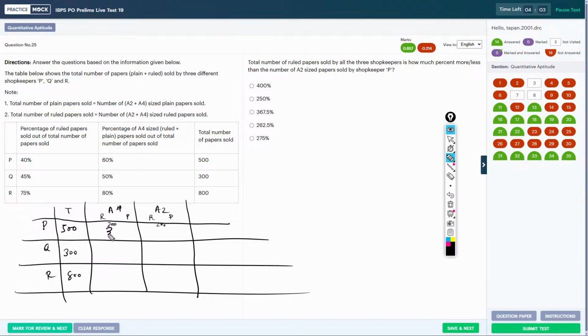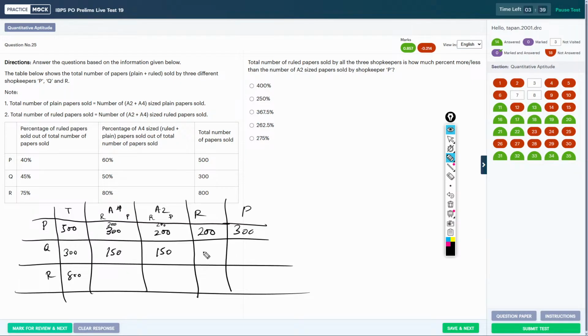Okay. 300, 200, ruled and plain. So ruled is 40%. So 200, 300. Okay. So Q 300, A4 50.